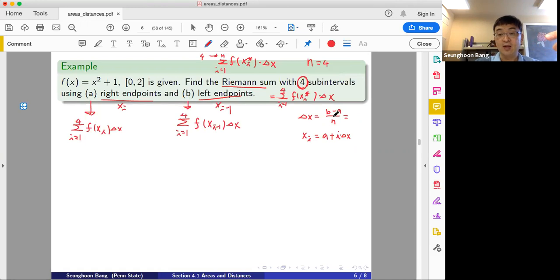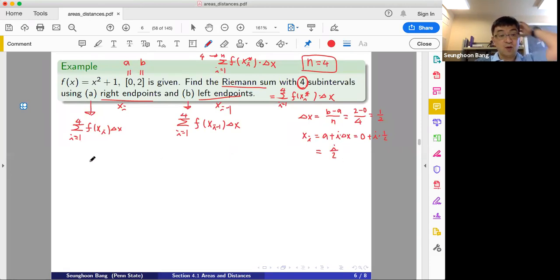What is b? What is a? What is n? n is the number of subintervals, which is given. The left-hand point is a, the right-hand point is b. So it's 2 minus 0 over 4. The answer is 1 over 2. xi is a plus i times delta x. Here a is 0 plus i times delta x, which is 1 over 2. So xi is i over 2.